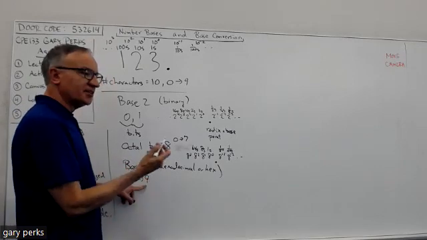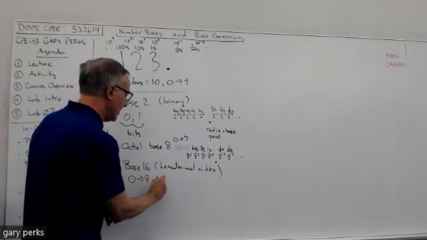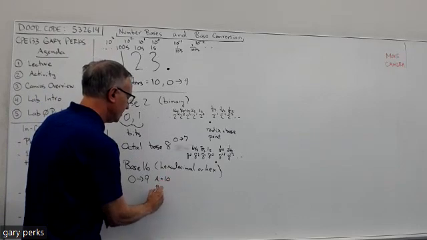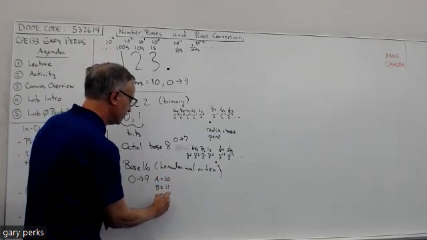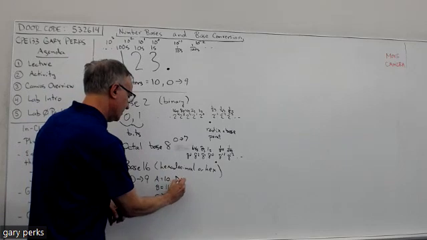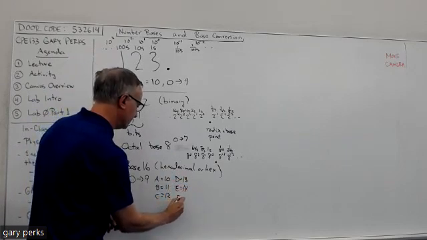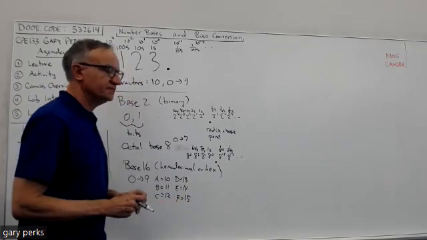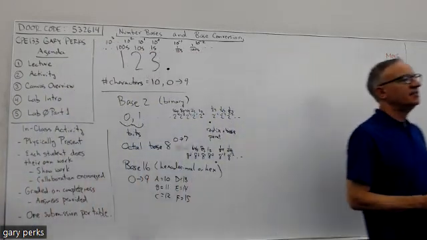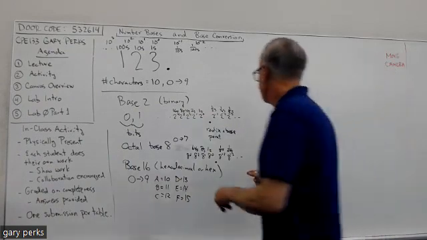So 0 through 9 is the first 10, and then A is 10, B is 11, C is 12, D is 13, E is 14, and F is 15.